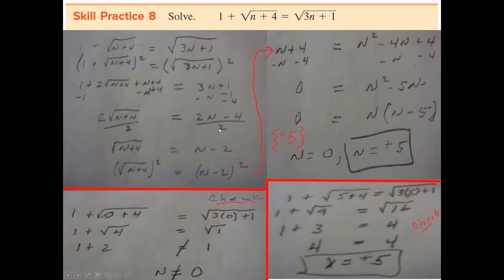So I divide both sides by 2, getting radical n plus 4 equals n minus 2. Now I have to square this thing a second time to get rid of this radical. And I have to square and FOIL this, which comes up here. This becomes n plus 4. When you square this, it becomes n squared minus 4n plus 4.